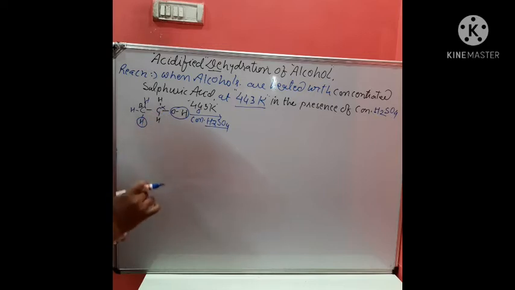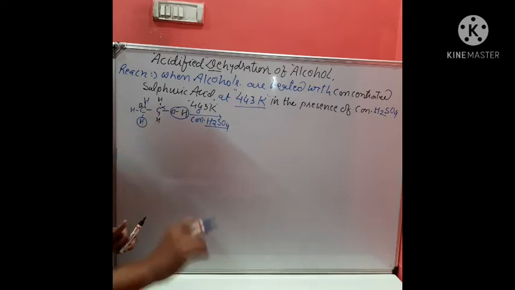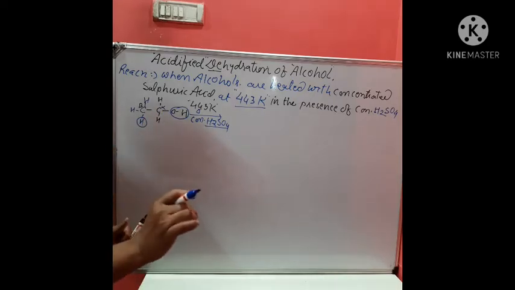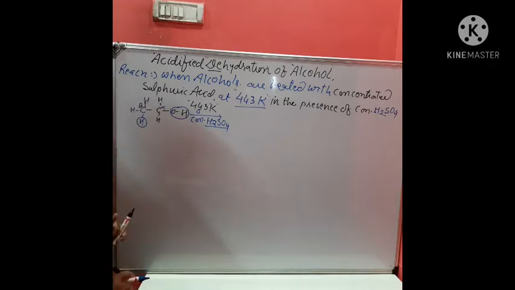Therefore, this reaction is a type of elimination of hydrogen as well as OH, that is, a water molecule, from the alcohol. Remember, the hydrogen is eliminated from the beta carbon, not from the alpha carbon. You can see the hydrogen is present on the alpha carbon as well as the beta carbon, but here the hydrogen is eliminated from the beta carbon.